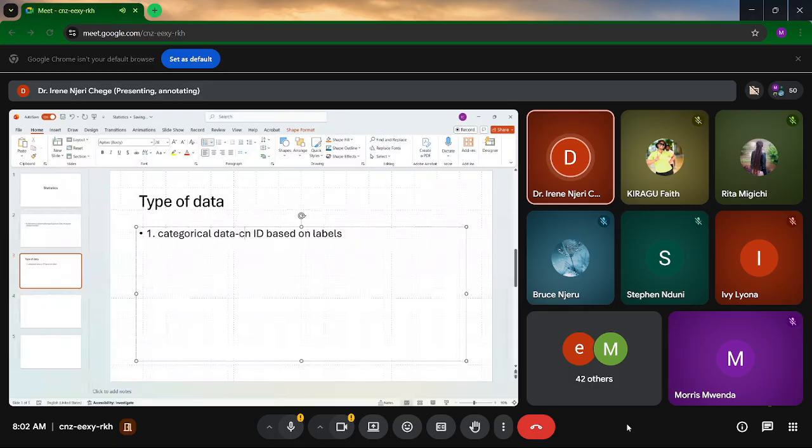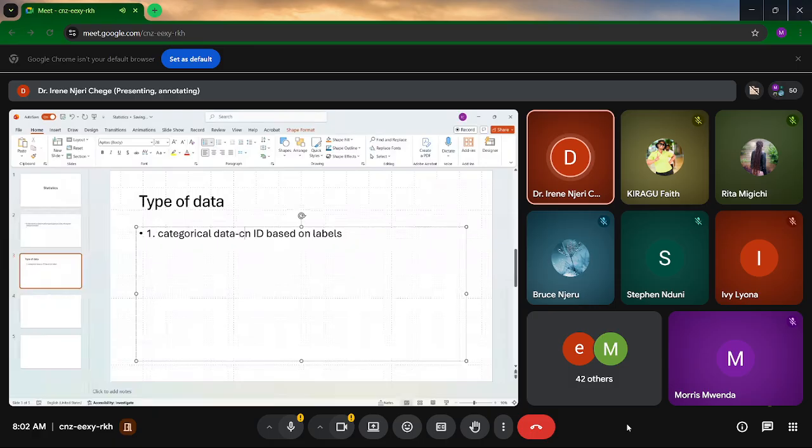You're not in the middle. Your blood group is either A or B or AB or O. So we can give a label to it. That is categorical data. Another type of data you'll collect is numerical data.